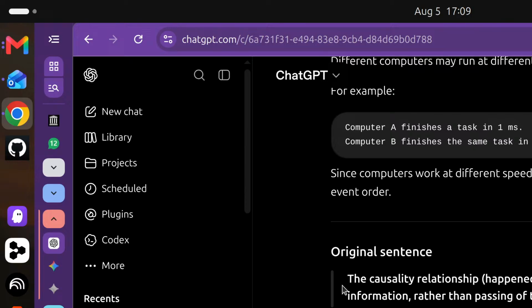The original sentence from the paper is: the causality relationship, happened before, is defined based on passing of information rather than passing of time. That's very important, guys. It is based on passing of information, not the passing of time.